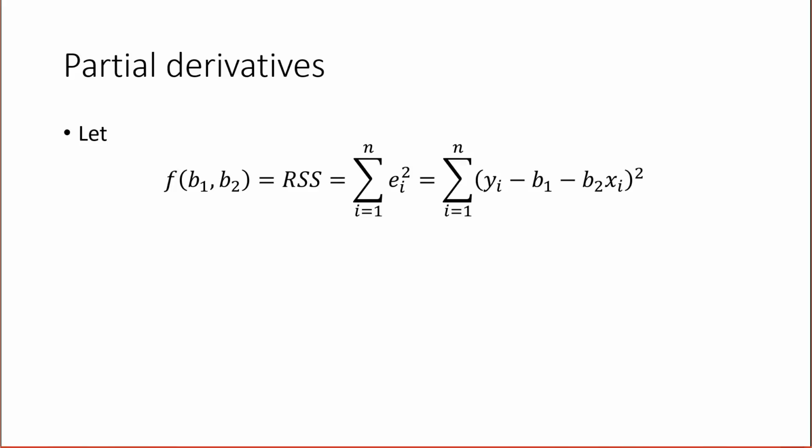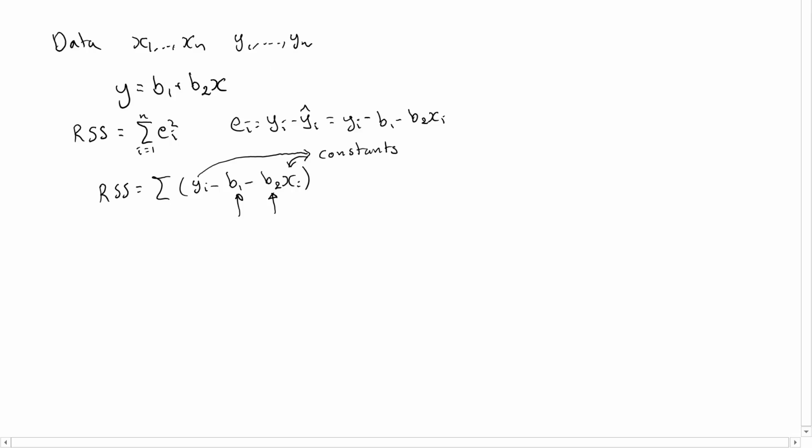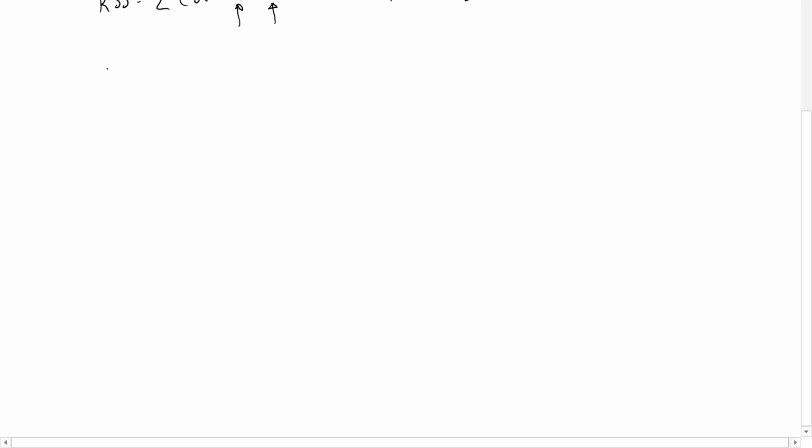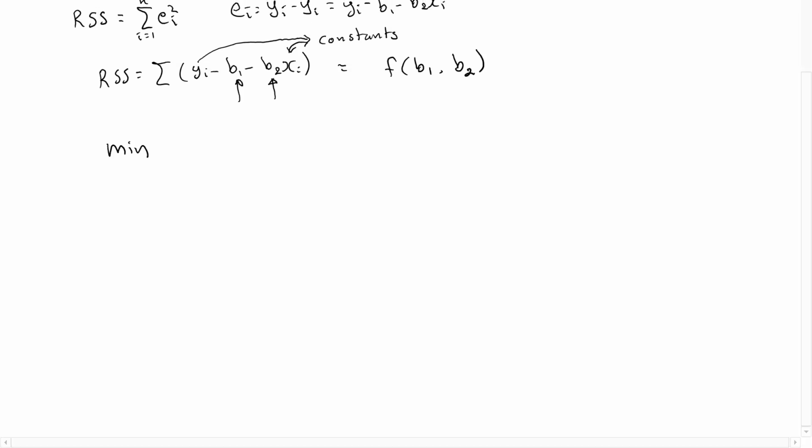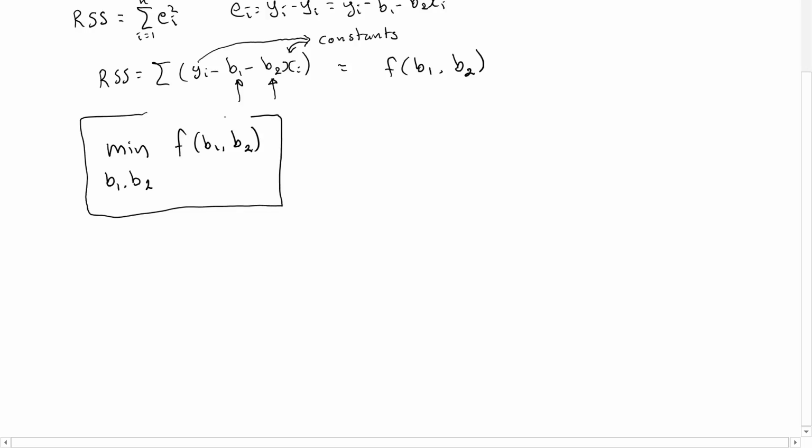RSS is the sum of all the squared residuals, and the residuals are given by the expression inside the parenthesis. So this is going to be my function, and it depends on the two variables b1 and b2, and it has a bunch of constants, yi's and xi's. So what we want to do is minimize f of b1, b2 by picking b1 and b2. This is called the least squares problem.